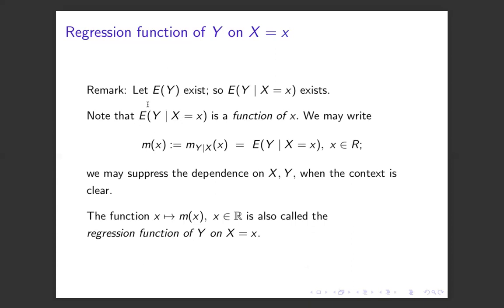We considered the conditional expectation of y given X as a random variable. And in that process, what we did was we defined the corresponding little m precisely by this formula.